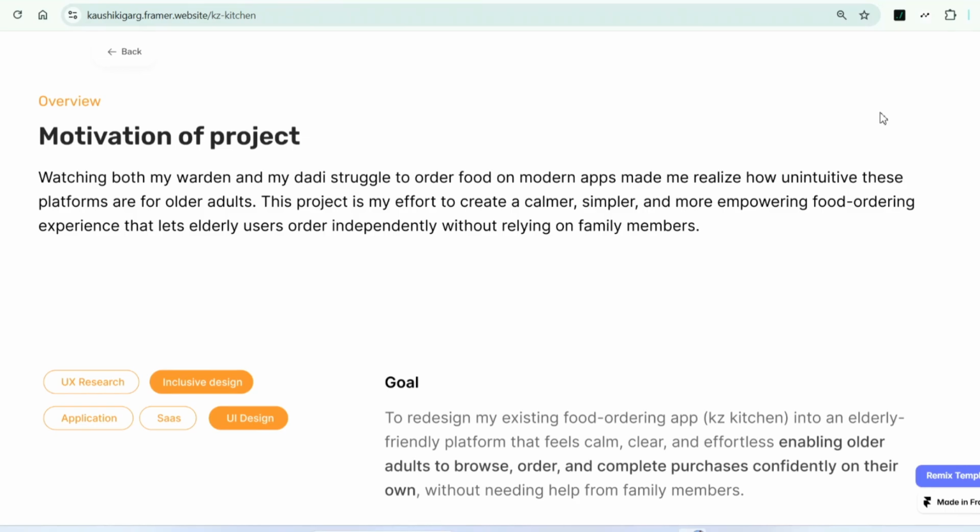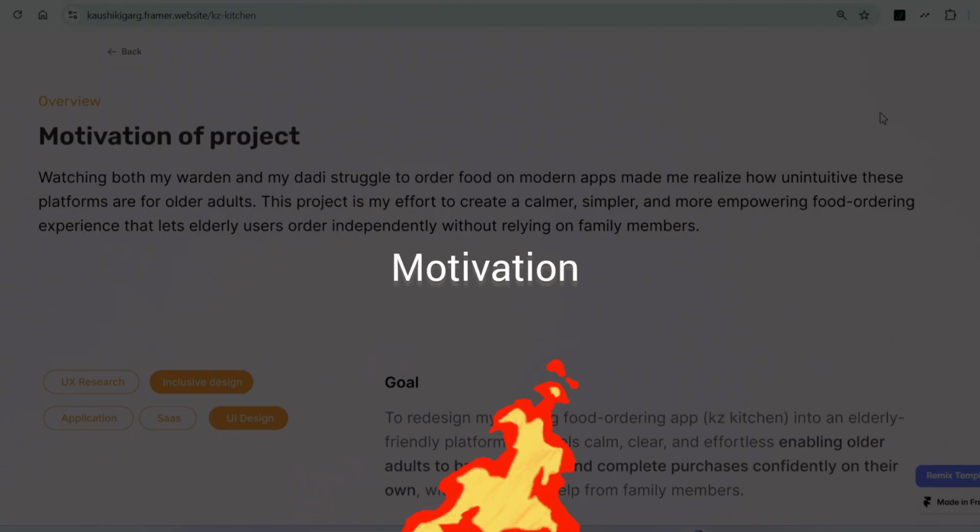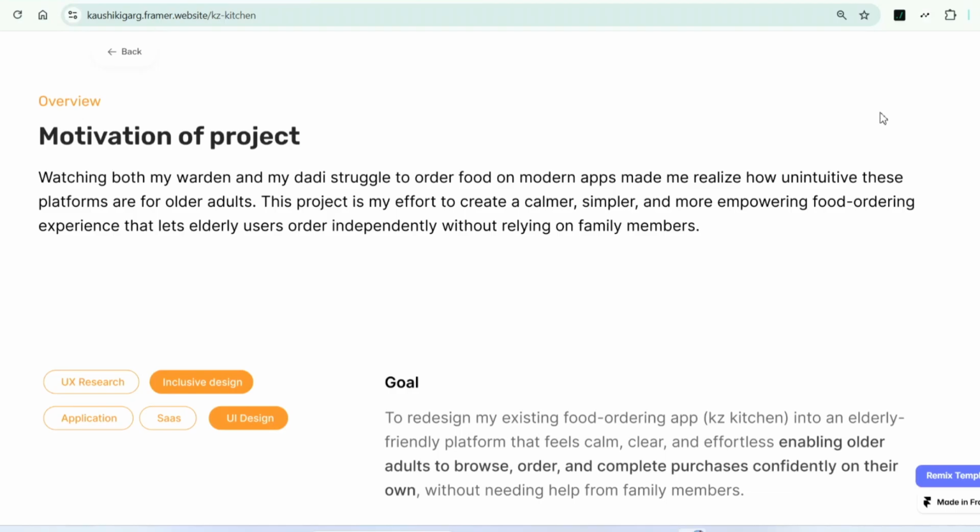Before I walk you through my case study, I just wanted to tell you how this project started. My motivation to start this project was one day when I was going to my college. I stay in a hostel and my warden stopped me and asked me if I could help her in ordering a vegetarian meal.